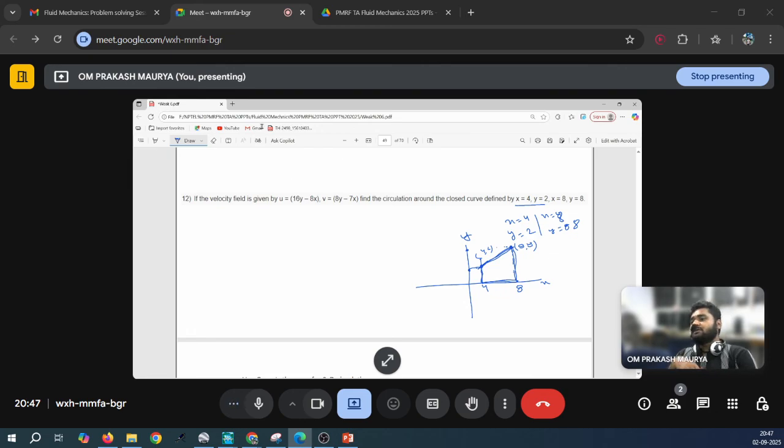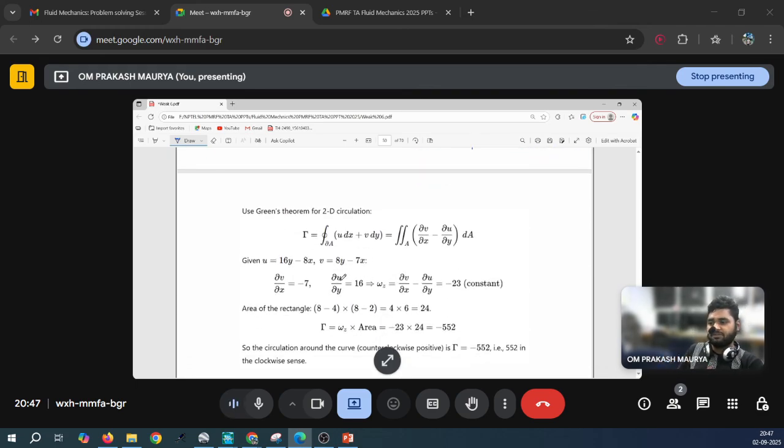Okay, so here you need to find out the circulation. So how you will find out? So here is the expression for the circulation. So using the Green's theorem for 2D circulation, you have the expression like that. This one, u is equal to 16y minus 8x, v is equal to 8y minus 7x is given in the question.